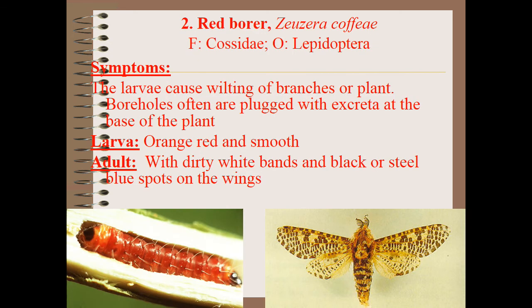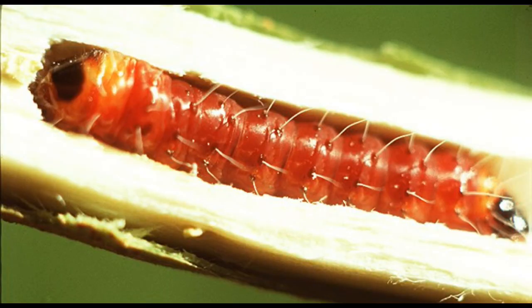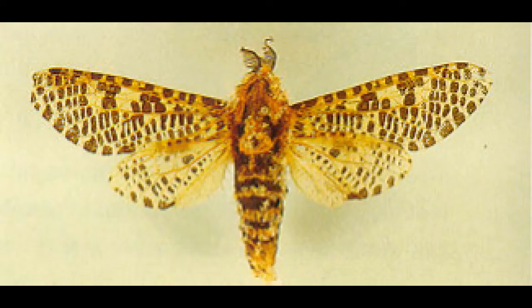What about the red borer? Zeuzera coffeae, Cossidae, Lepidoptera. These larvae cause wilting of branches or plants. A bore hole is often plugged with excreta at the base of the plant, and the larvae are orange and red in color. The adult has dirty white bands and black or steel blue spots on the wings, as you see in the picture.